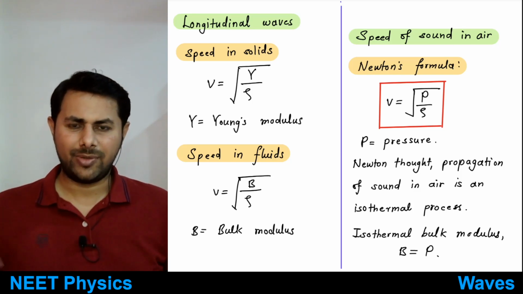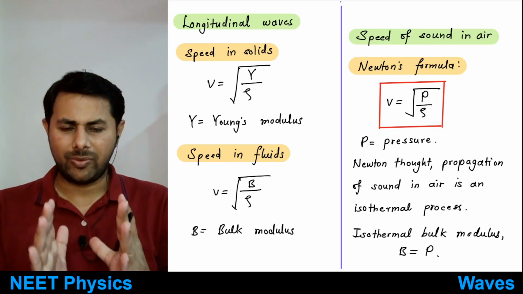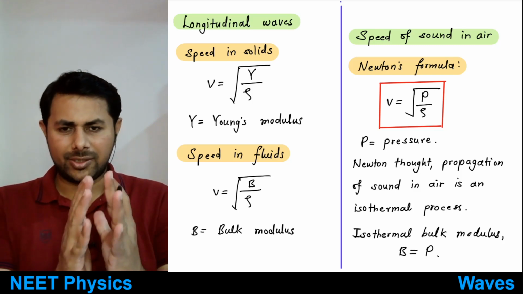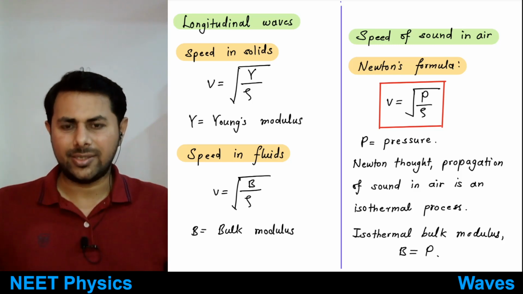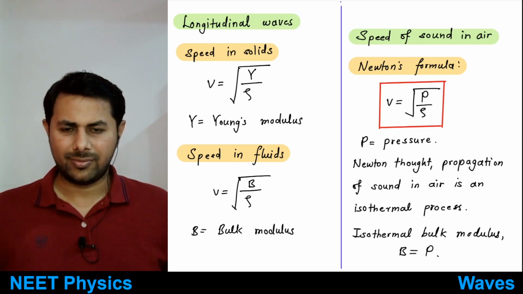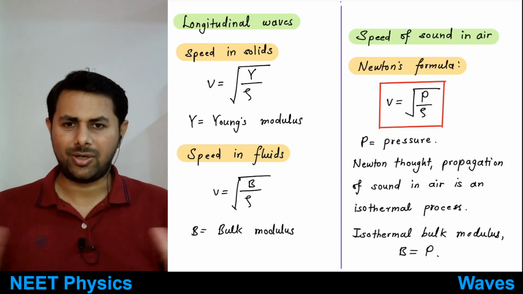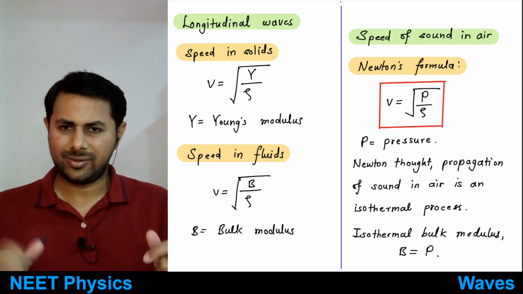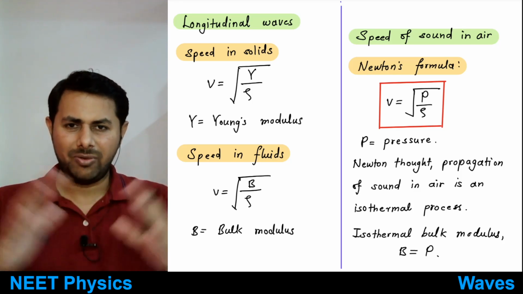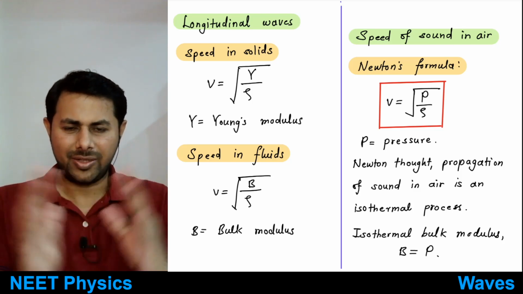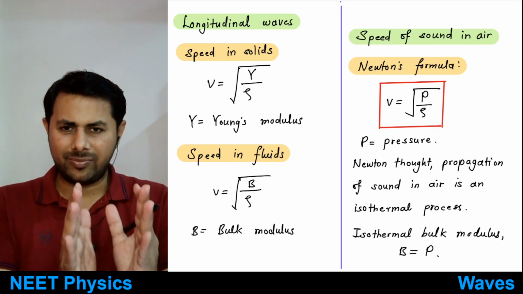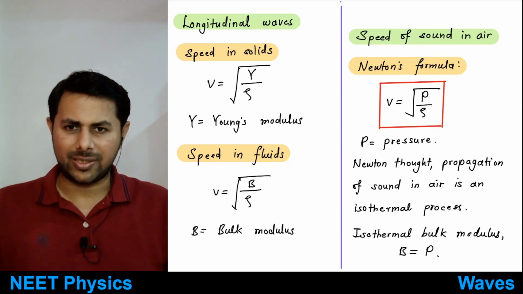If you take for example a rarer medium like a gas, then in compressions the density is very high, and in rarefactions the density is very low. That won't happen in the case of solids. Solid molecules will not gather with very high density in some volume and won't get separated that fast in rarefaction.